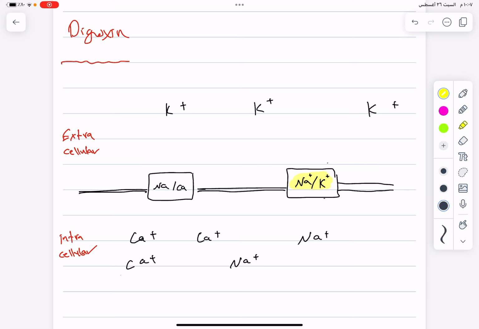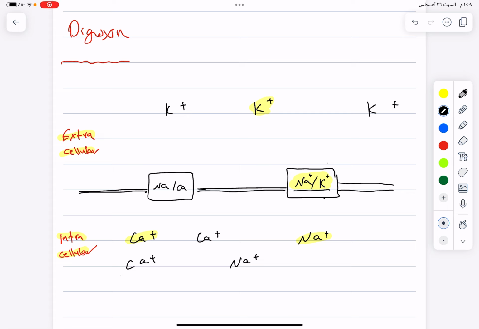So firstly, we have the extracellular and the intracellular space. We should know the cations: intracellularly it is predominantly calcium and sodium, whereas extracellularly we have potassium. So we have here a sodium-potassium pump, which is the sodium-potassium ATPase pump.